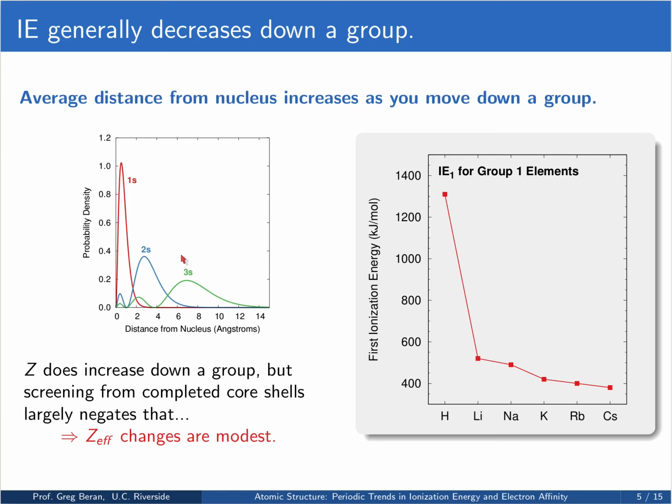In all cases, whatever changes occur in the nuclear charge Z, those will be largely compensated by screening from the inner core electrons, and so the changes in Z effective are modest. Overall, we get a trend something like this, for example, for group 1, where we see the generally decreasing ionization energy due to the increasing atomic size.